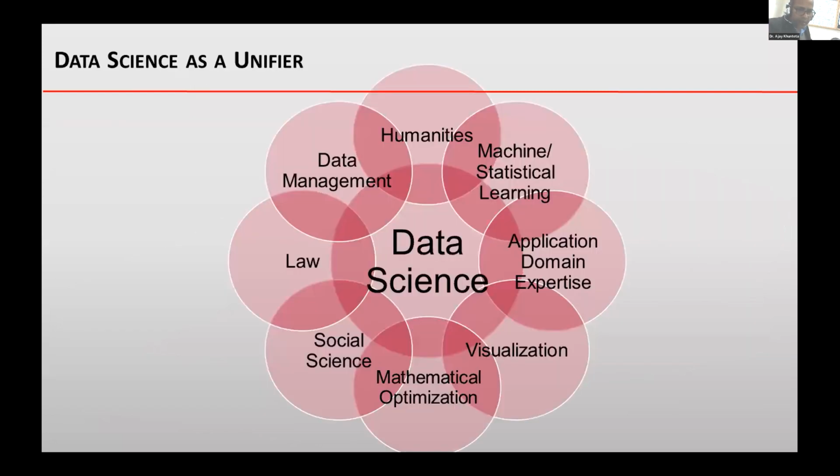Basically data science is used to reduce the cost, you can say optimization. There are applications like humanities, machine learning, application domain expertise, visualization, mathematical optimization, social science, law, data management. Everywhere we require data science.